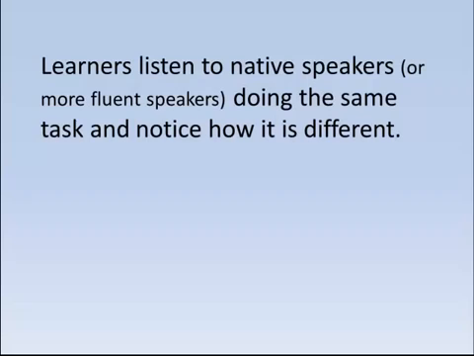If you are a pre-intermediate learner, native speaker talk might be really difficult for you to follow, but an upper intermediate learner might find it, 1, easier to follow, and 2, a more realistic model, a more realistic aim perhaps for what you could achieve at this moment.